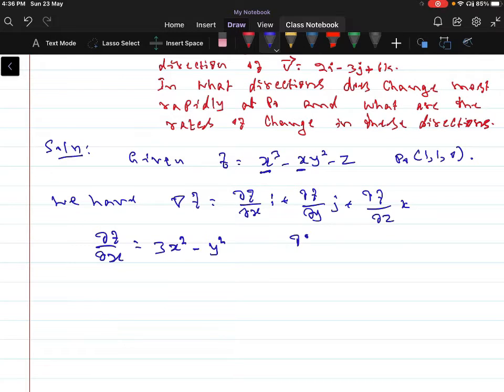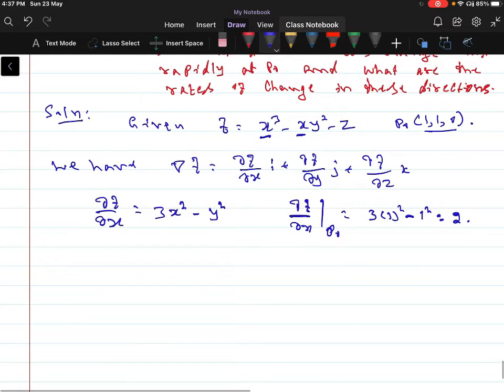Now we find del f by del x at the point P naught, equal to (1, 1, 0). With x equal to 1, that is 3 into 1 square minus 1 square, y being 1, so that is equal to 2. Let us find del f by del y.